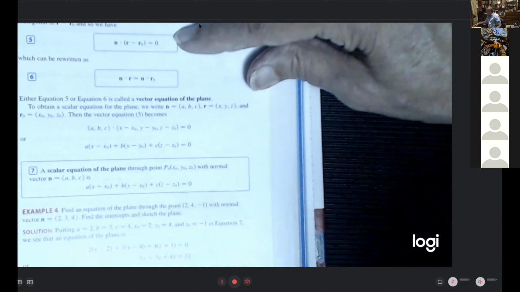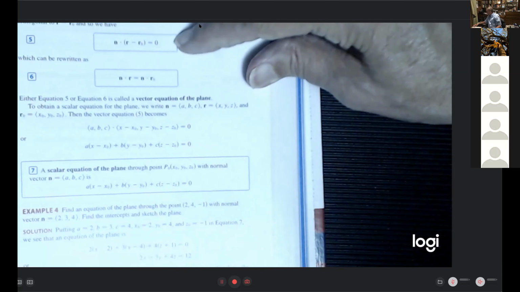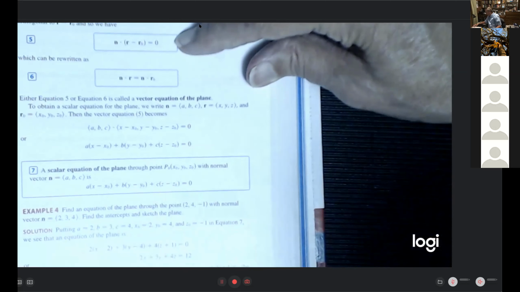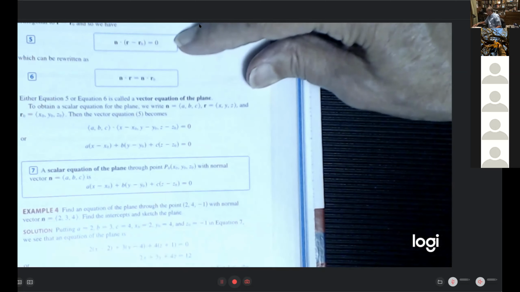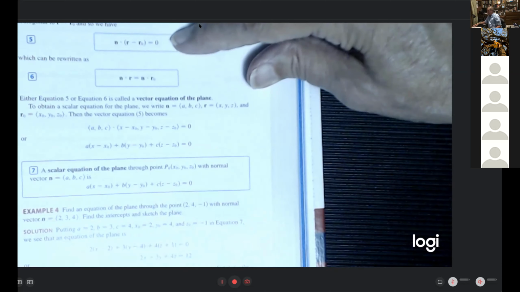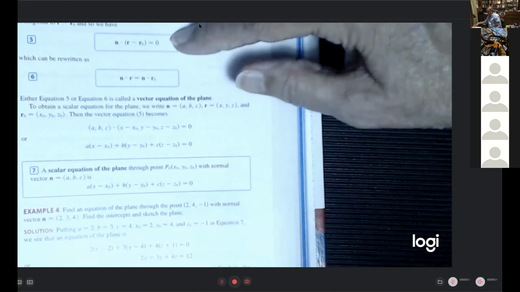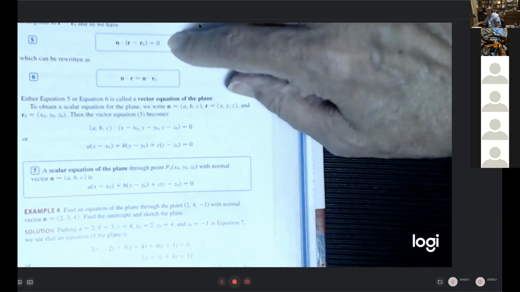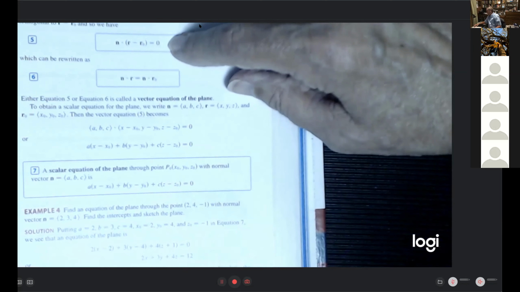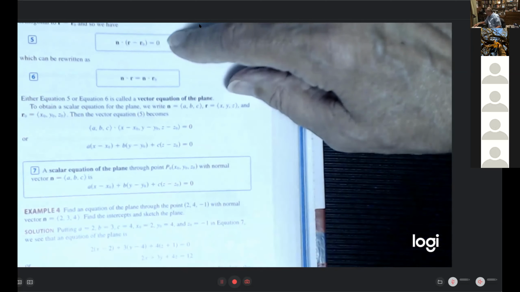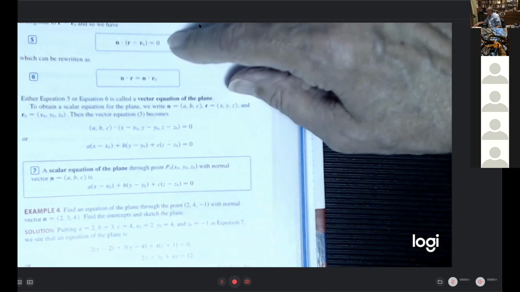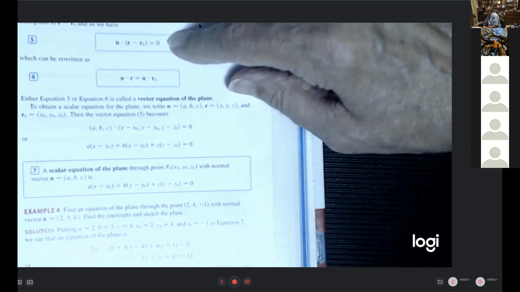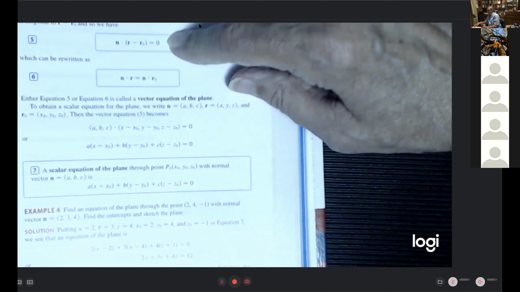Anyway, what this equation here says is, if I have a point, which is called r sub 0, that's a vector, the set of all points on a plane can be determined if, in addition to the point, I know a normal vector. The normal vector in this equation is called n. R, remember, is x, y, z.